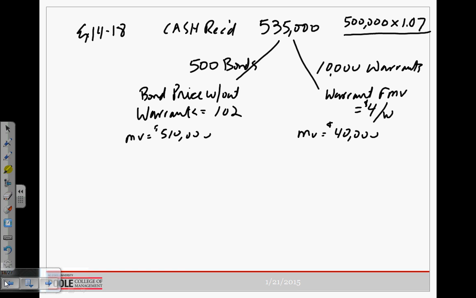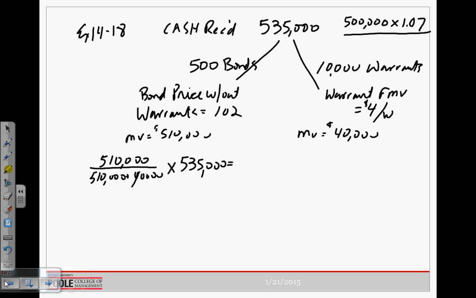The amount that we're going to allocate to the bonds is 510,000 divided by 510 plus 40,000, the fair market value of both. I'm going to multiply that by how much I actually received for the package of securities.